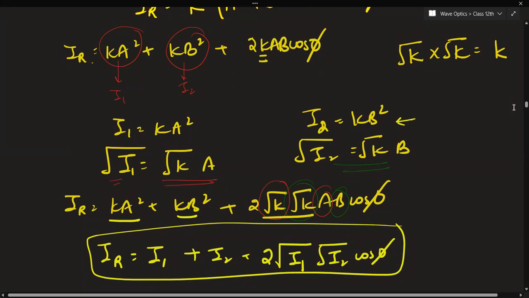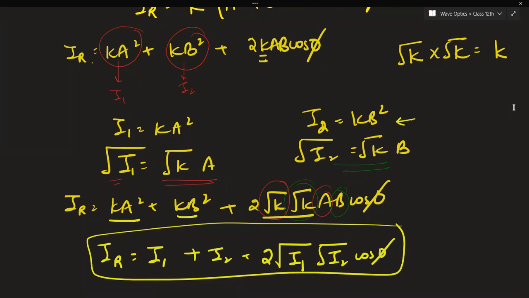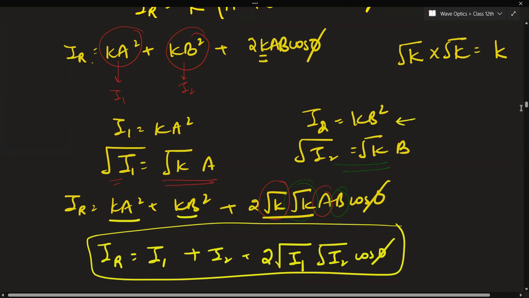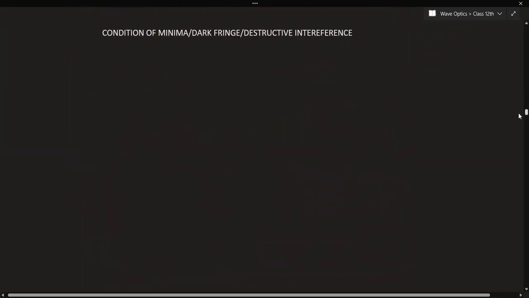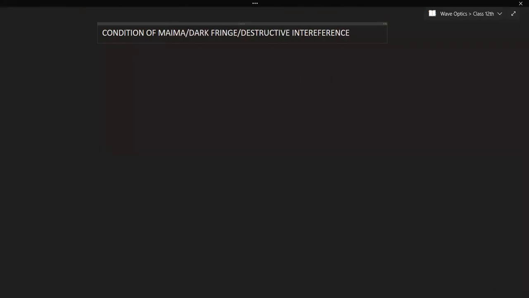Now, bright fringes and dark fringes, I have told you. But see, there are certain conditions where you use dark fringes or bright fringes. So let us just discuss that condition. Condition for maximum. First, we will see this for the bright fringes.